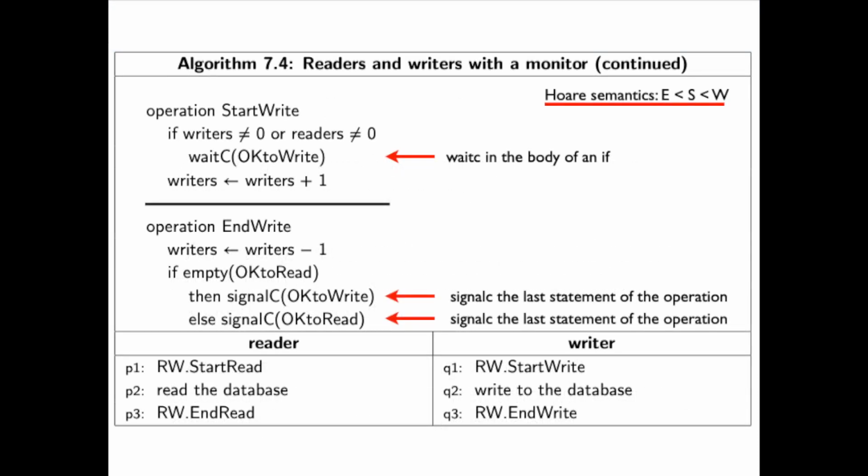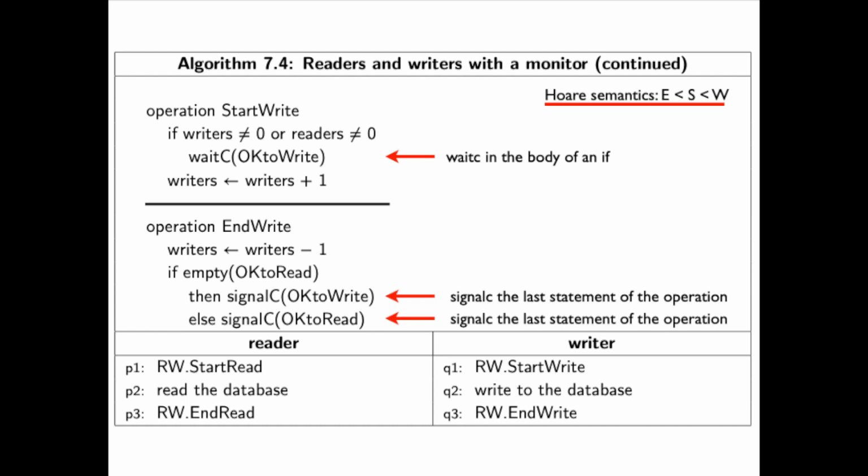Here we have operation end write. There's a writer, and the number of writers gets writers minus 1. Actually the number of writers can only be 0 or 1 in any scenario. And so if the writer executes operation end write, after the number of writers is decremented by 1, it says if empty, OK to read.